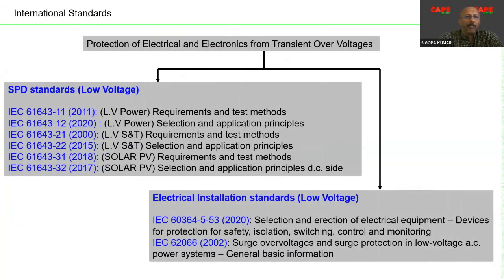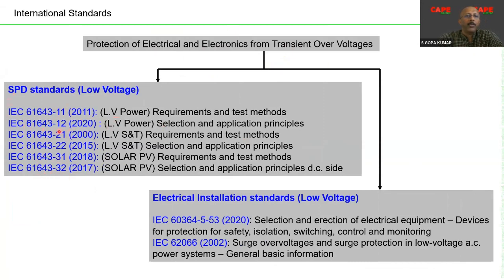On the standards of SPDs, there are 2 series of standards published by IEC. Of course, 61643-11 and 12 for power line, 21 and 22 for data and signal line, 31 and 32 for solar PV. Out of that, 11 and 12 have been accepted as an Indian standard, IS 16463. It's not 61643, but 16463 is the IS number.